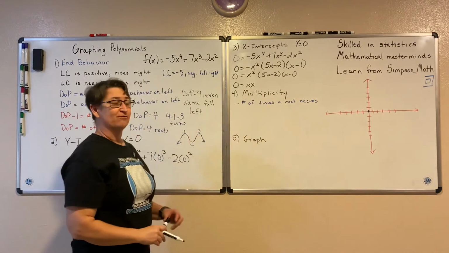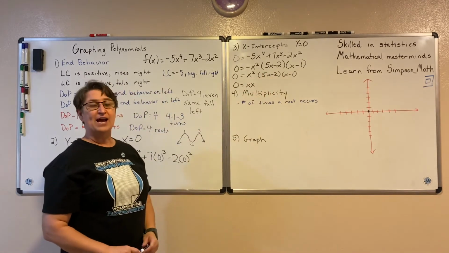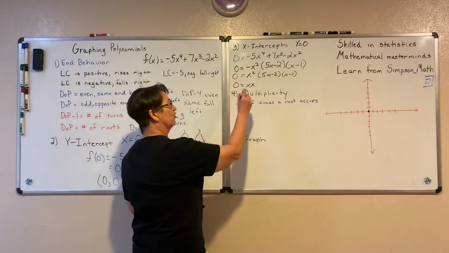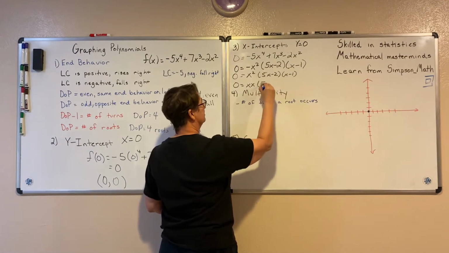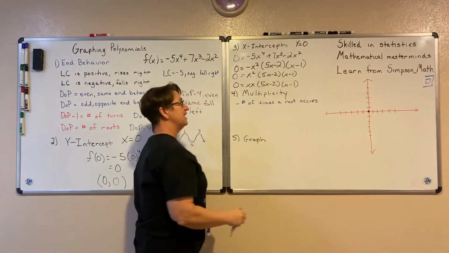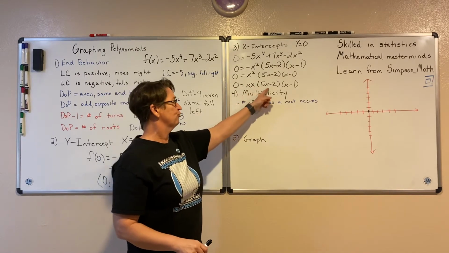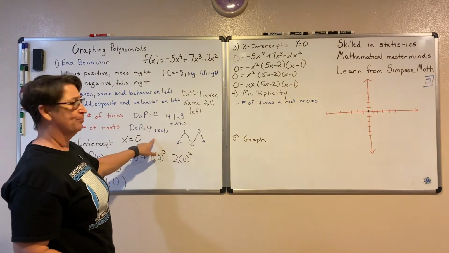Normally when we write it in factored form, we would leave it like this. But when I'm finding the roots, I want to see it in linear factors. So each one of these is a linear x, in other words, where my degree is just 1. And I can see that I have 4 roots there, or 4 linear factors, 1, 2, 3, 4, which is what we said we were going to have back here.